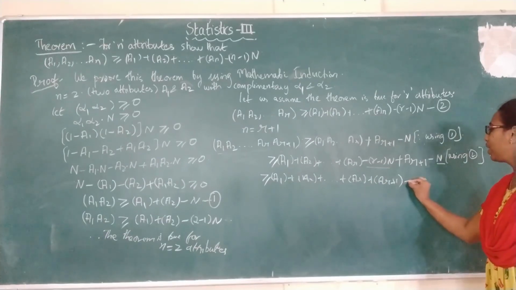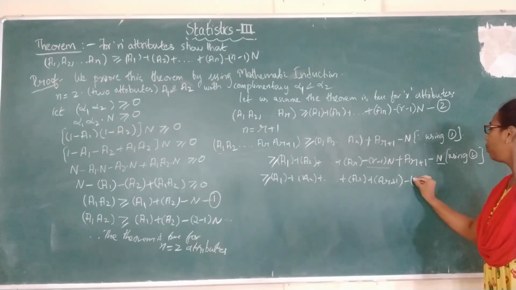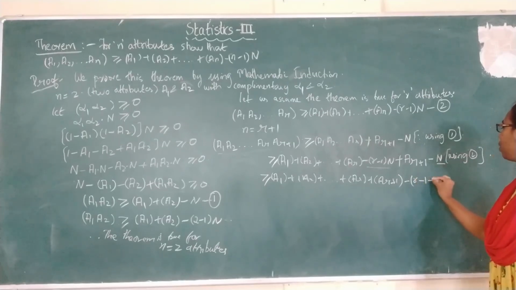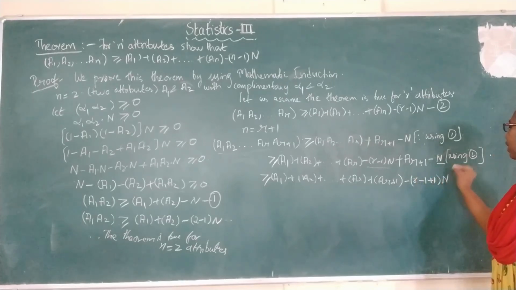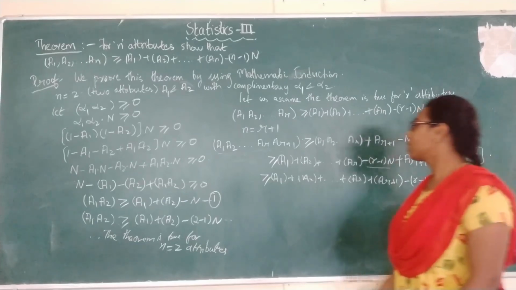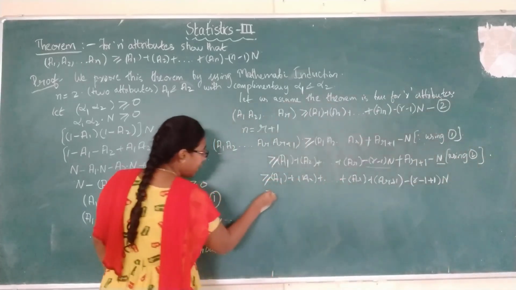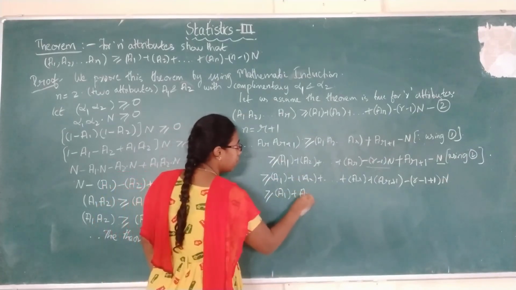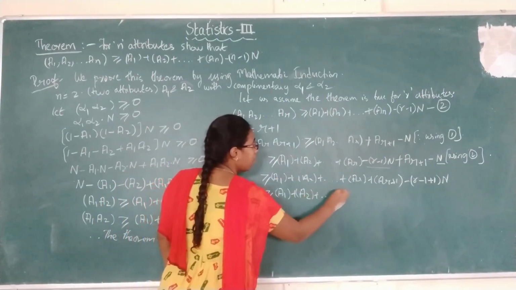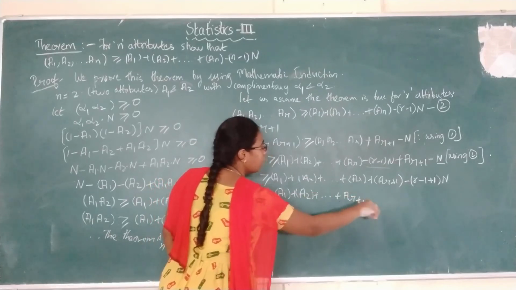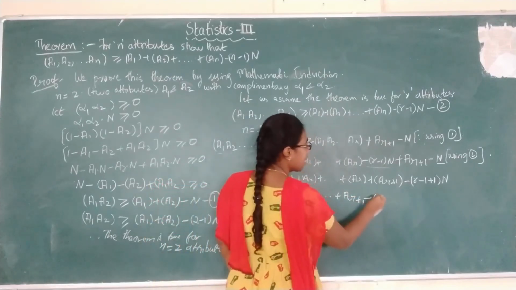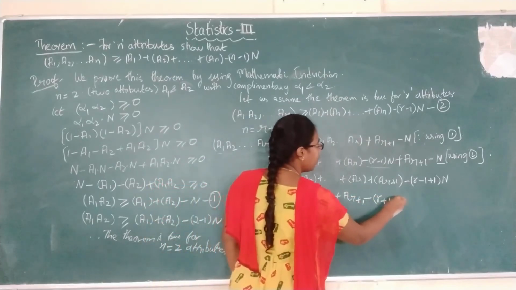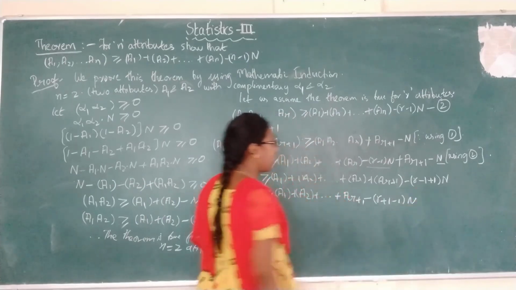So you take N common, you will get (r minus 1 plus 1) into capital N. So this can be written as greater than or equal to a1 plus a2 plus so on plus ar plus 1 minus (r plus 1 minus 1) into capital N.